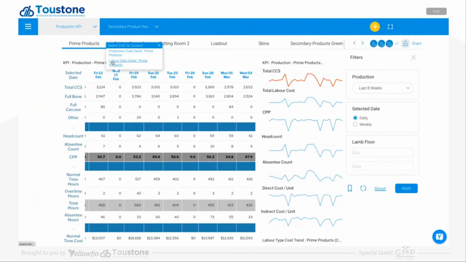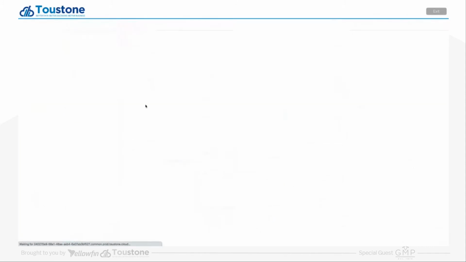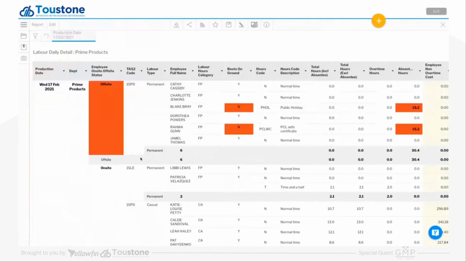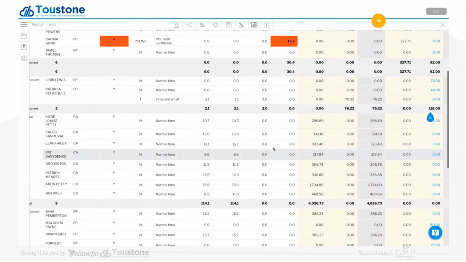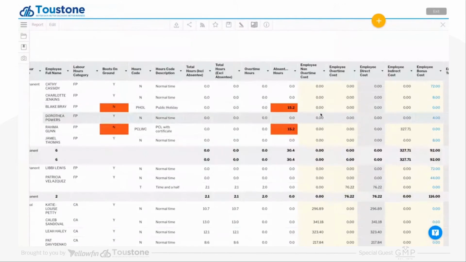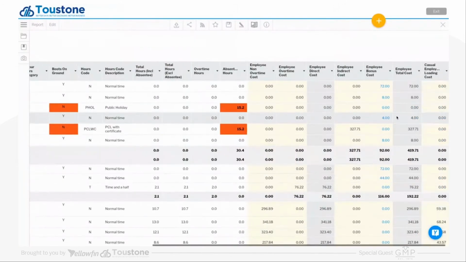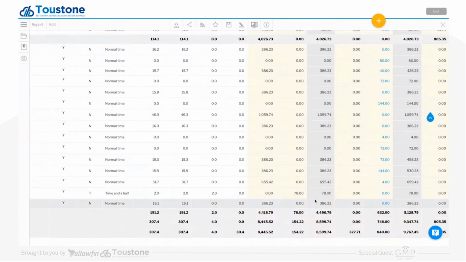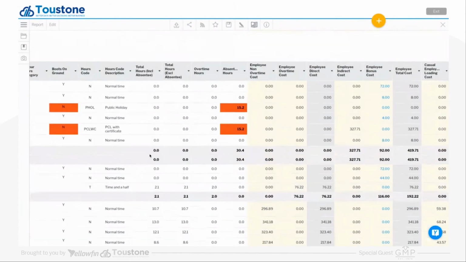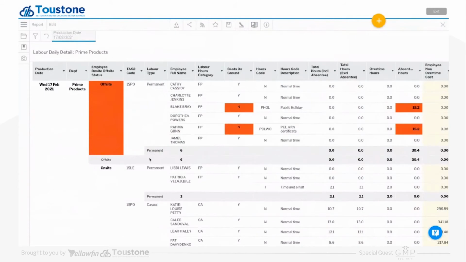So this is where Will and his team are able to drill right down to the, again, this is all fictitious data, so don't worry about showing anything that's confidential. We're now down into the individual employee themselves: hours, costs, overtime, non-overtime, direct costs, indirect costs, any bonuses paid, and so on. Ultimately, down the bottom, we've got the day's total labour cost that is able to be then fed back into our overall metrics there.